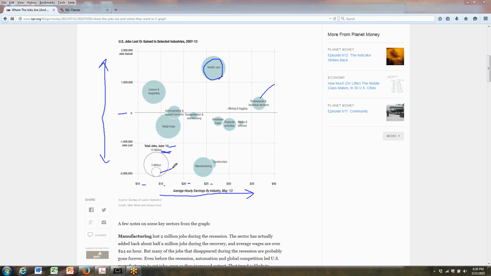Okay, so the size of the circle itself tells us how many jobs are here currently as of June 2013. Going vertically up and down, if you're above the zero here, means you gain jobs. If you're below it, you lost jobs. And then going left and right, you know, if you started here, you're at 10 bucks an hour.